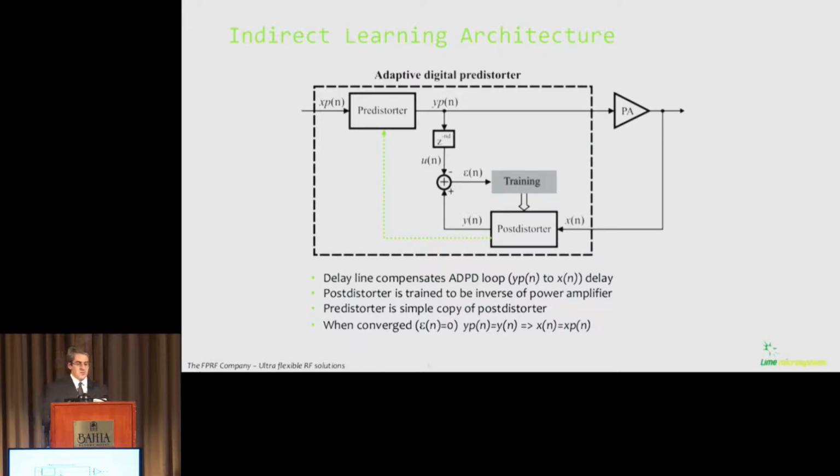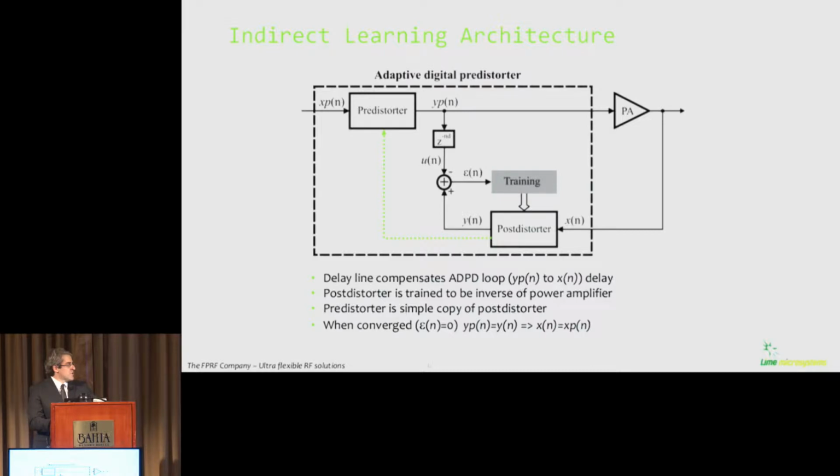Why is predistortion important? You can get a greater range with your base station. The basic structure of the predistorter model is based on indirect learning architecture, which is shown in this picture. Not all components are shown; some are omitted for simplicity.